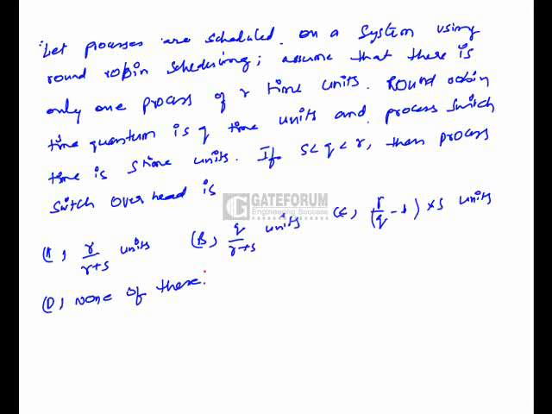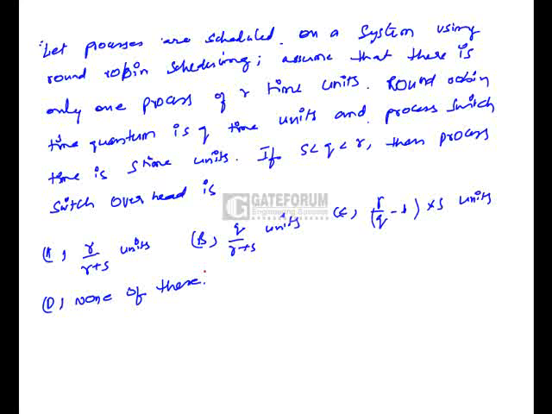Let processes be scheduled on a system using round robin scheduling. Assume that there is only one process of R time units. The round robin time quantum is Q time units and the process switch time is S units. If S is less than Q is less than R, then the process switch overhead is?